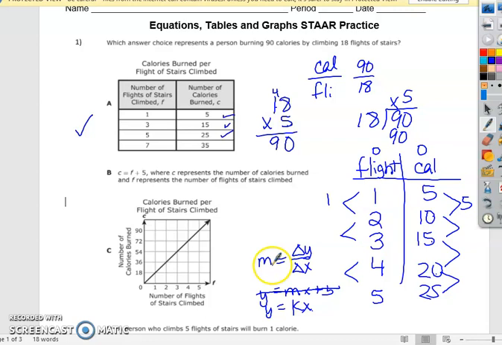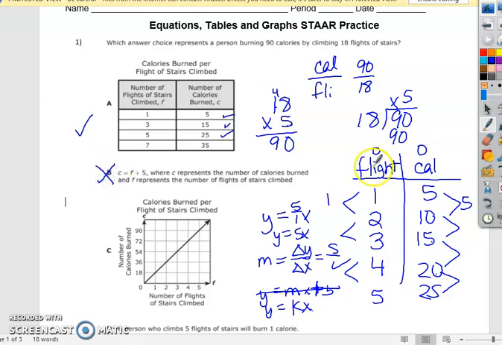It's m, but more specifically it's k. So our equation would actually be y equals 5 over 1x, or just 5x. There's not a plus or minus. Remember, if it's a plus or minus something, then it wouldn't be proportional, unless they're trying to trick us with a 0. So this one is incorrect.